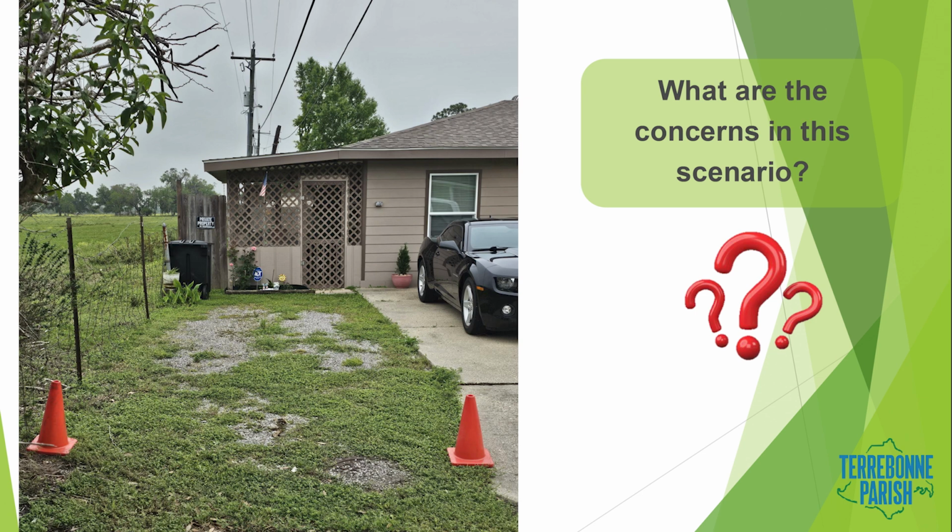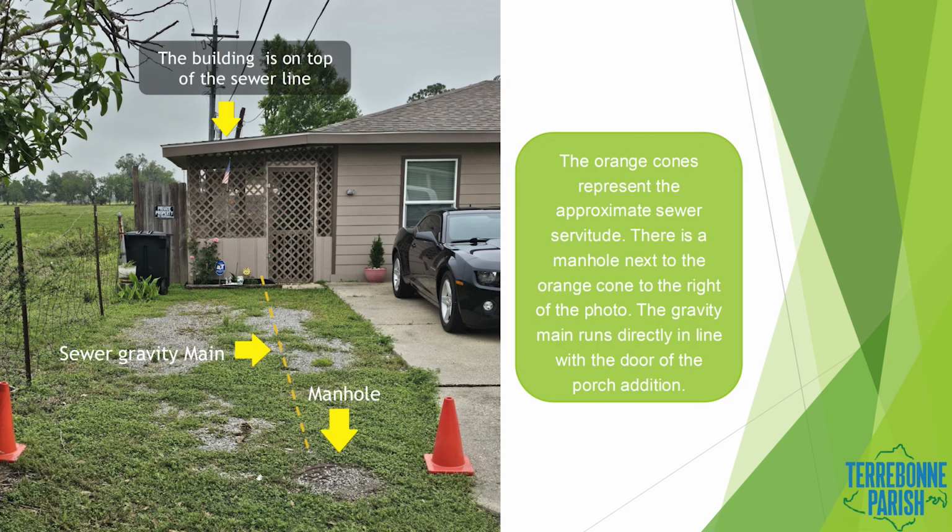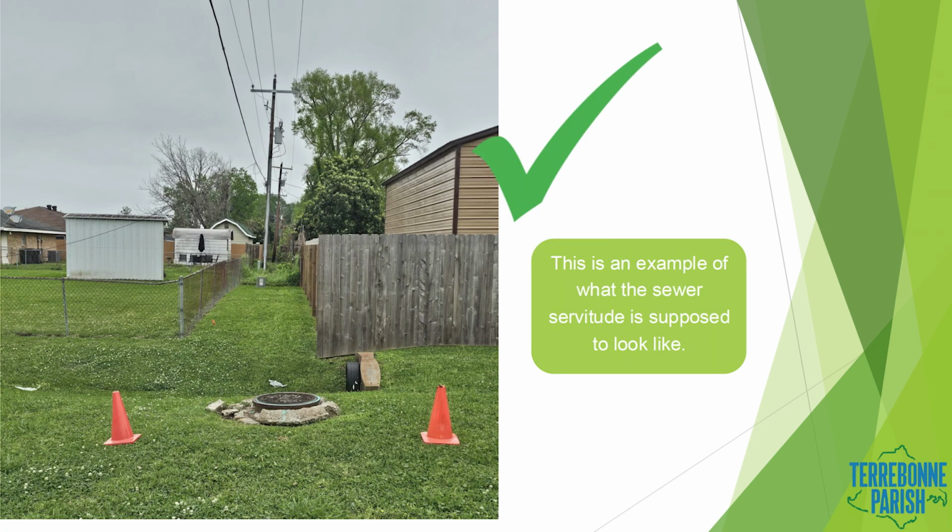A full porch on the servitude. And once again, you can see how narrow the servitude is. So equipment that is necessary for them to even get in there is virtually impossible because there's just not enough room for them to pass.